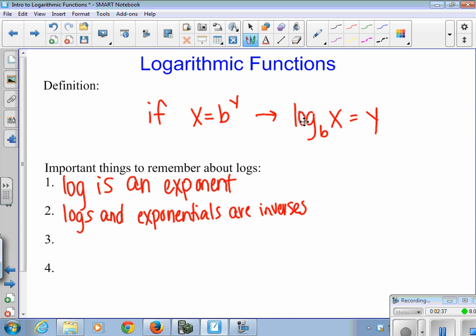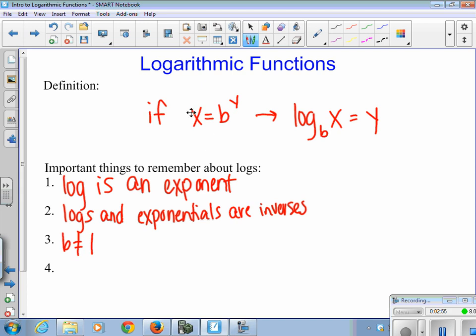The third thing that I need to remember is, if we remember back to our exponentials that we talked about the other day, we said this base could never be a 1, because if it is, it'll be a constant function. So the same reason holds true in the log form. So we can never have our base to be 1.